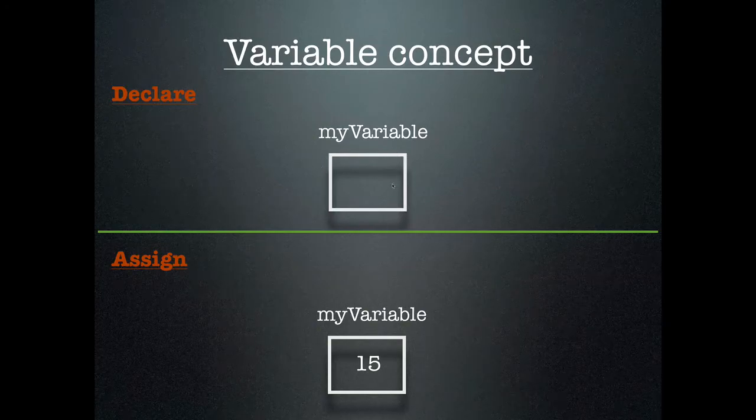So we're making this box that is connected to this name here. And then we're done with the first step, and the next step was that we assigned something to it. So we said my variable, and we gave it the number 15. So the number 15 is now inside the box, and my variable will always remember this number.